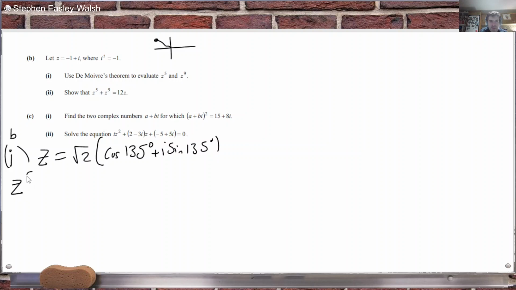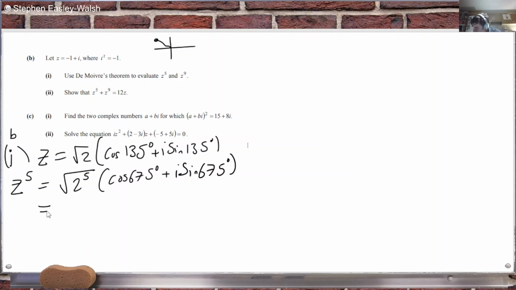So z^5 would be root 2 power 5, and then that one would be cos 675, because remember De Moivre says that the power actually multiplies the angle, plus i sine 675 degrees, which is cos 675 is root 2 over 2 and then the sine 675 is minus root 2 over 2.